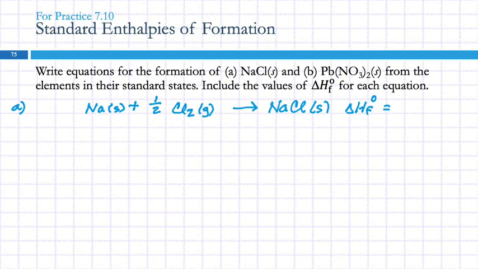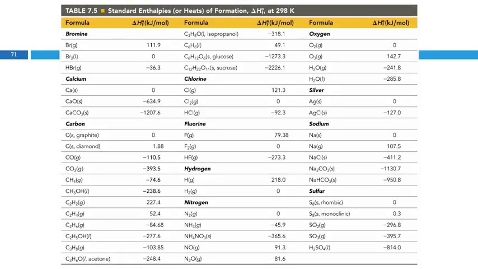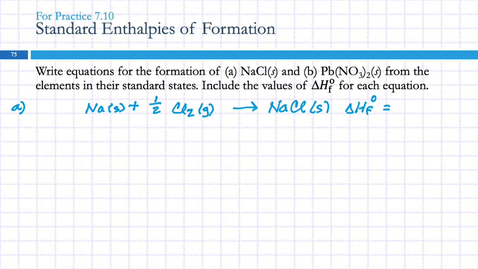So I find that by looking it up. So we go back to this table. Here's sodium. Here's sodium chloride, solid, negative 411.2 kilojoules per mole. Negative 411.2 kilojoules, because this is written for 1 mole.